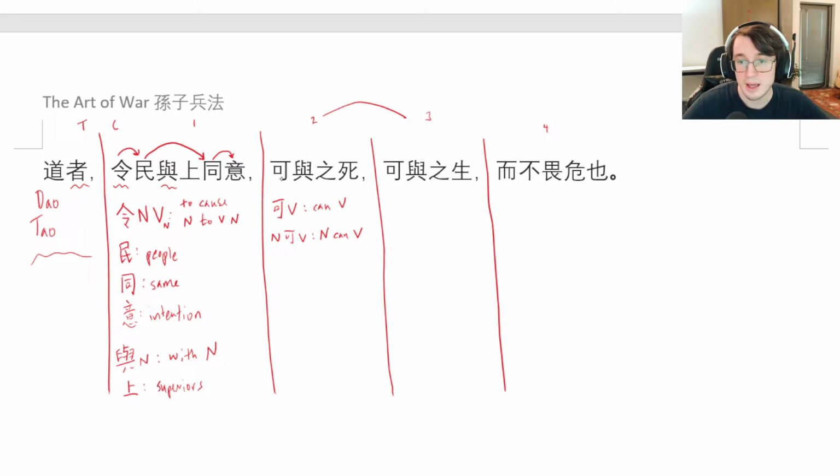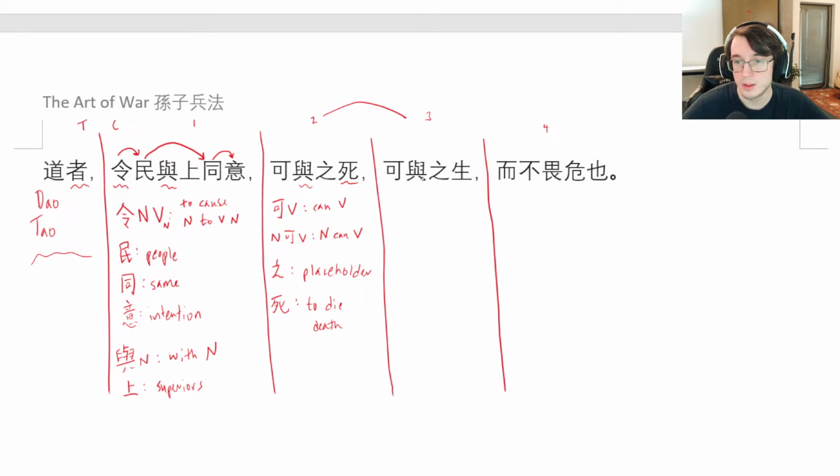So can, then this yu is the same yu that we saw over here in the first section. That just means with what? With zhi. If you remember that zhi is a placeholder from before, that means that it's representing something else. And then here we have death, 死, or to die. Okay, to die, or death.